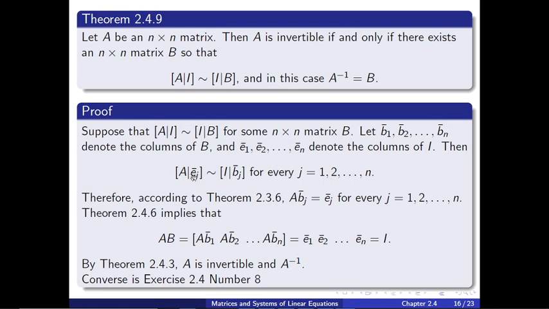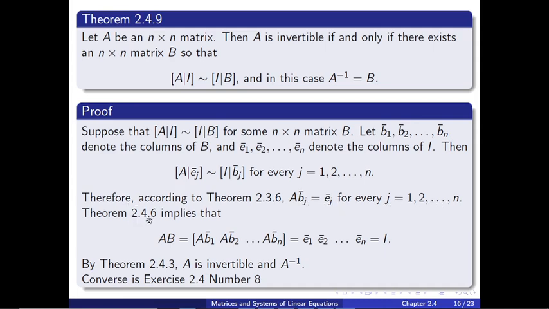That if we say [A|Ej], it will be row equivalent to [I|Bj] for every column of B, right? So therefore, according to theorem 2.3.6, ABj is equal to Ej, right? So if this happens, this is what it means. ABj is equal to Ej, and this is for every column.